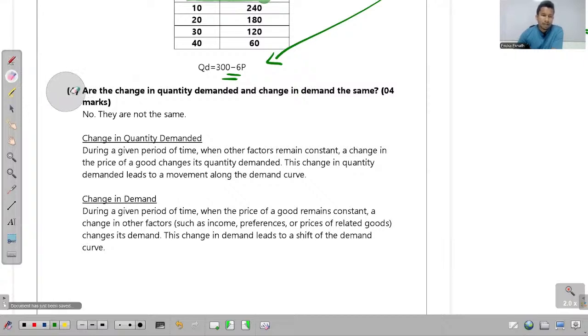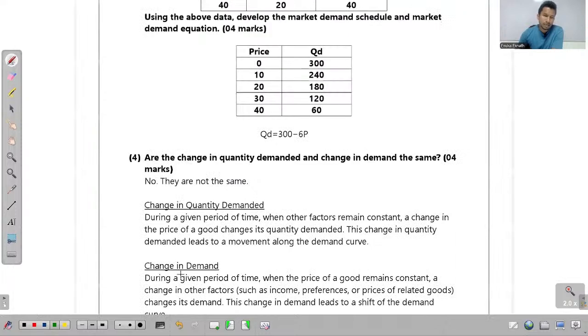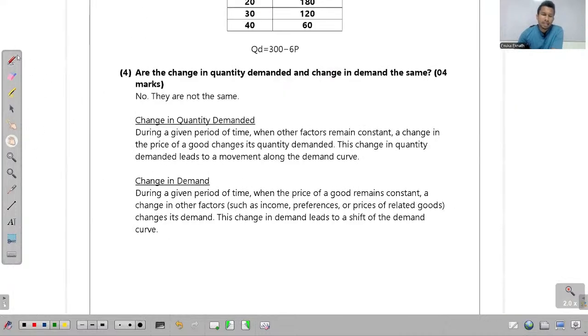It's asking, are the change in quantity demanded and change in demand the same? See the question again. Are the change in demand and the quantity demanded the same? Earlier, I told you very clearly that quantity demanded is one thing and demand is something else.